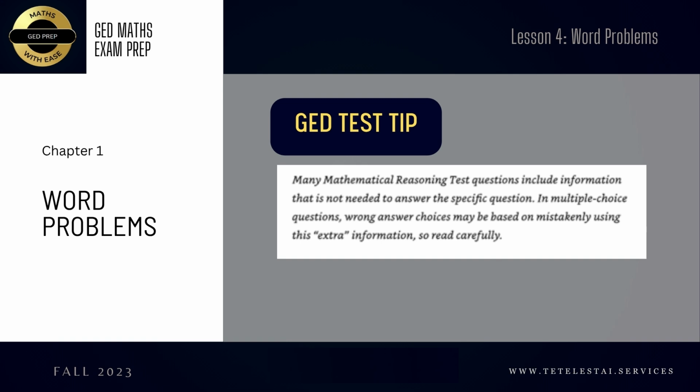I don't know, I'm just throwing stuff out there, but the point is don't let yourself be deceived by the answer choices, because sometimes the wrong answer choice is included based on using wrong information, right? So don't look at the answer choices first if you can. Try to figure out the answer on your own, and then see if the answer that you got matches any one of the choices, okay?